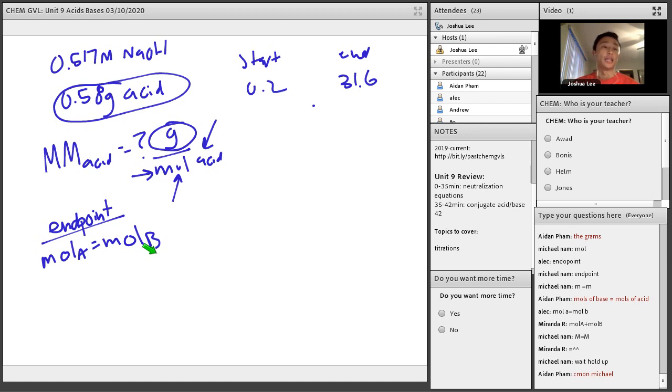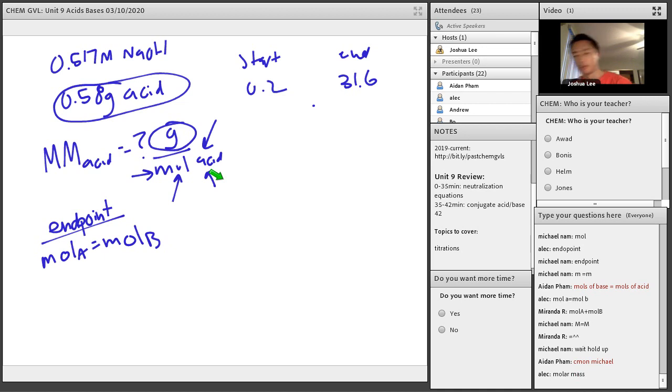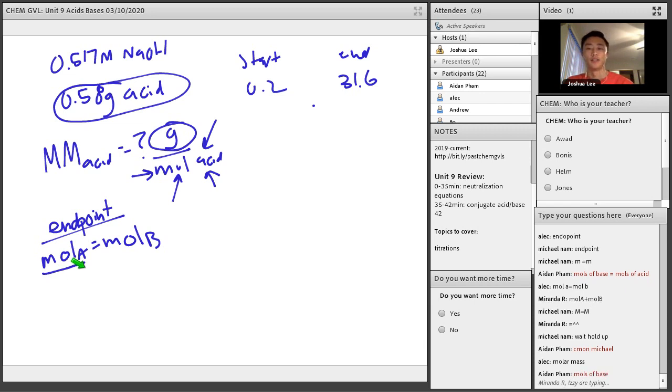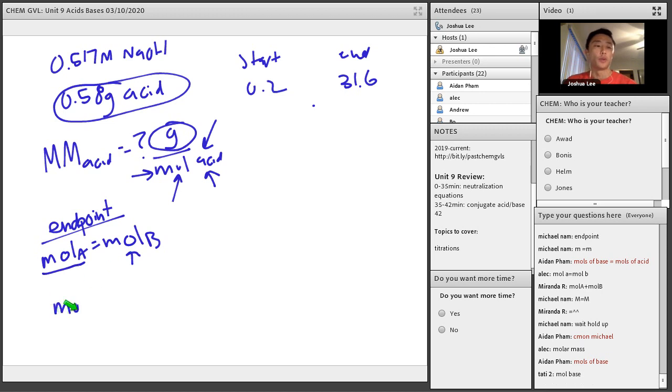So that means in order for us to find moles of acid, what do we have to find? We have to find moles of base. So in order to find moles of base, what do I know about my base? There are two things I know about my base.